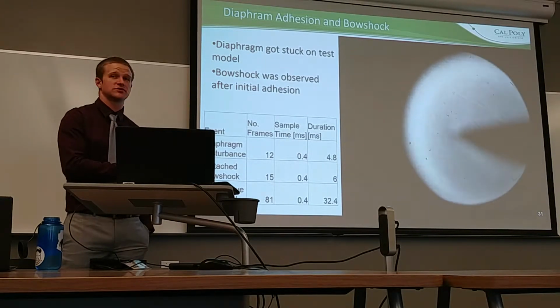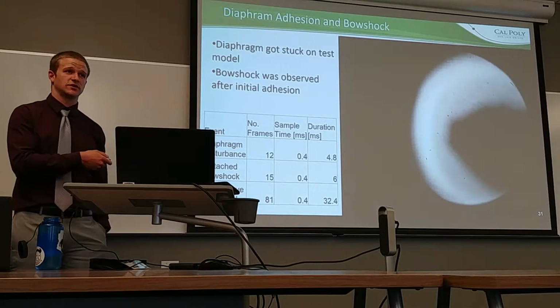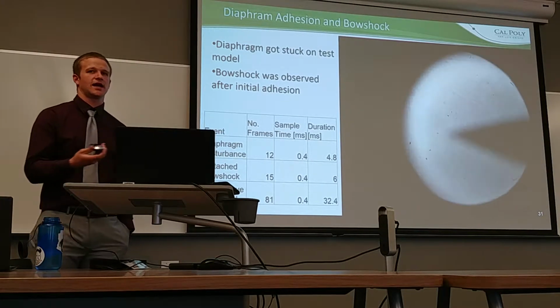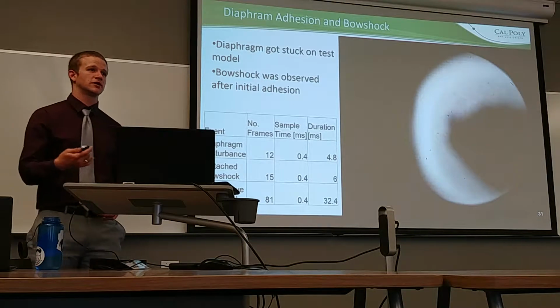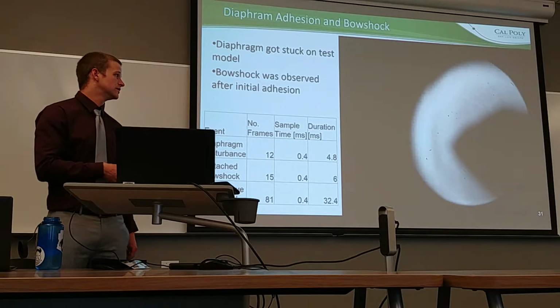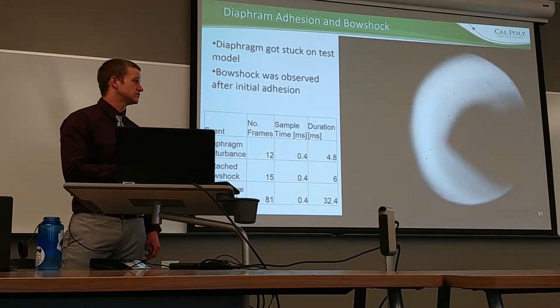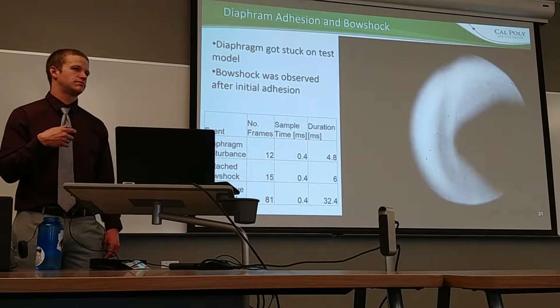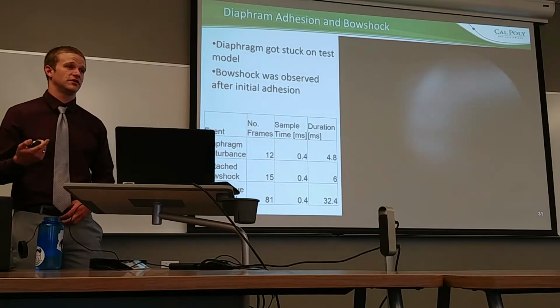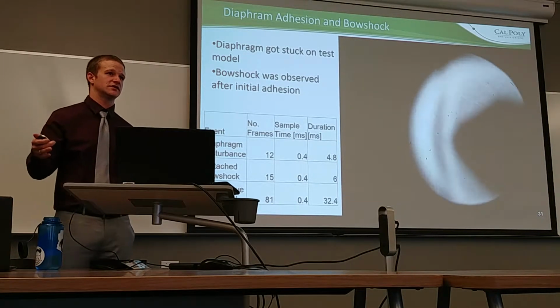So it's clear that supersonic flow is continuing through this process, but I can't calculate the Mach number because the geometry of the model is not really known. The problem of the diaphragm being ingested as a large piece will have to be solved to increase the test duration.